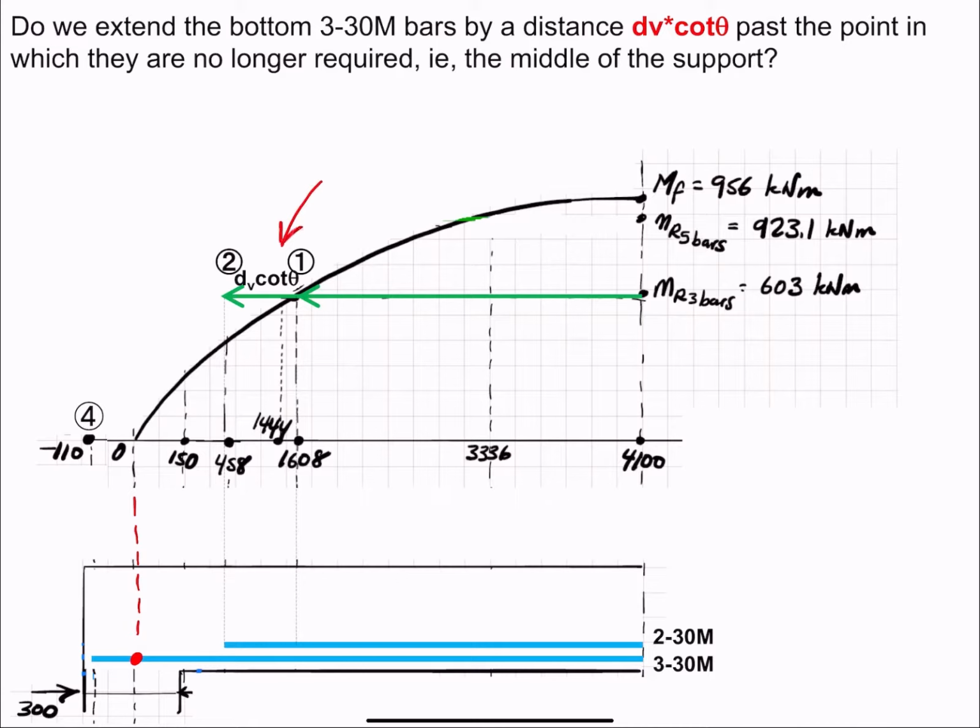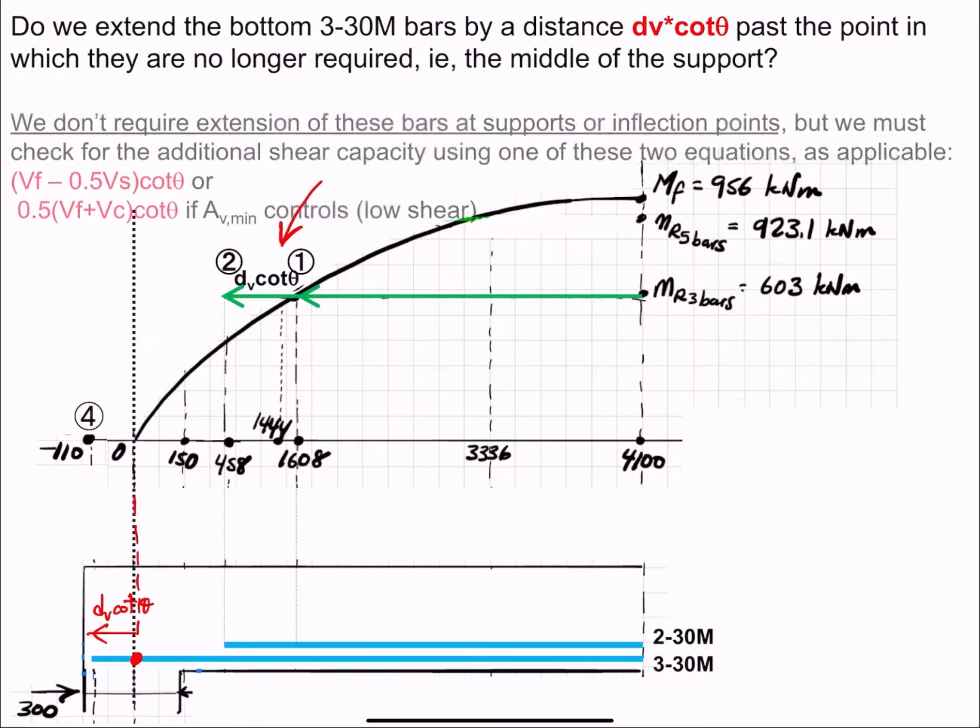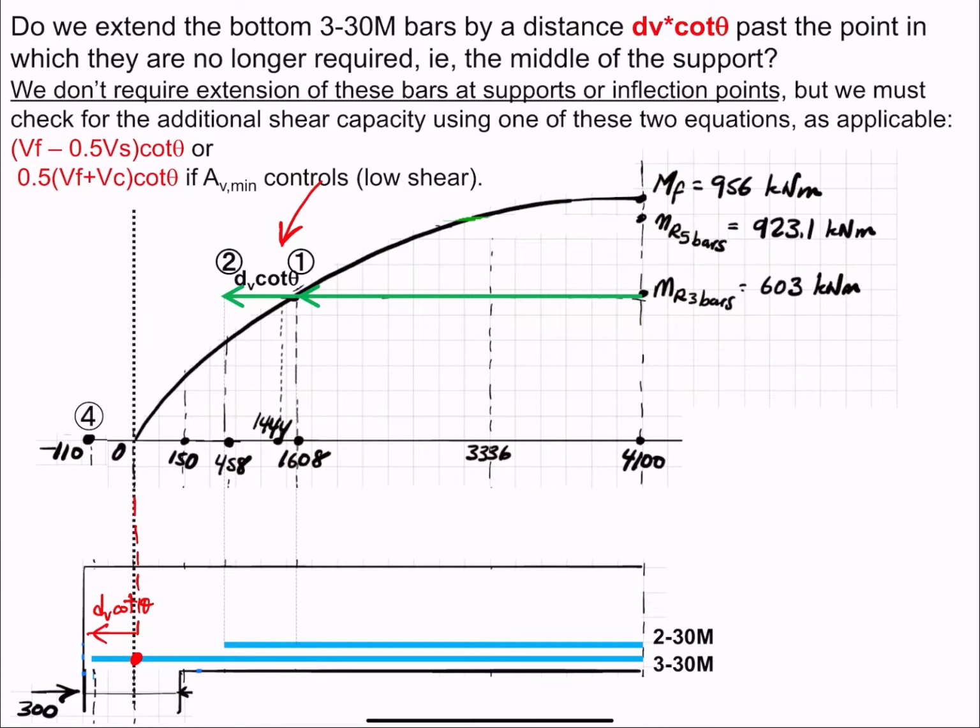Shall we extend the 330s by a distance d cotangent of theta as well? Shall we do that? But we said that before that we don't require the extension of these bars at the supports or the inflection points, but we must check. We kind of exchange that requirement for this one.